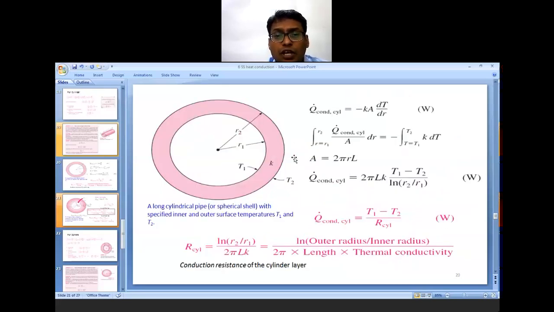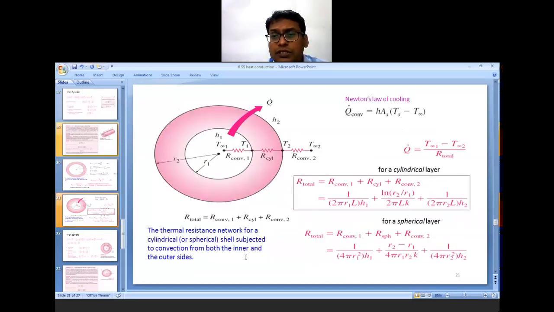So the resistance for the conduction is ln of R2 upon R1 upon 2 pi L k, the resistance because of the cylinder.